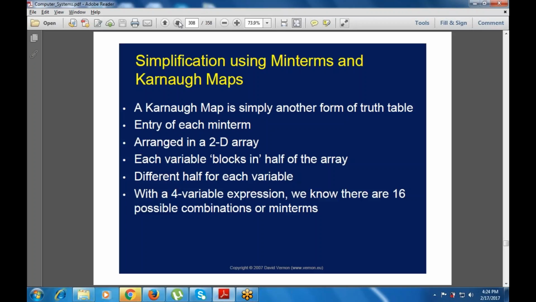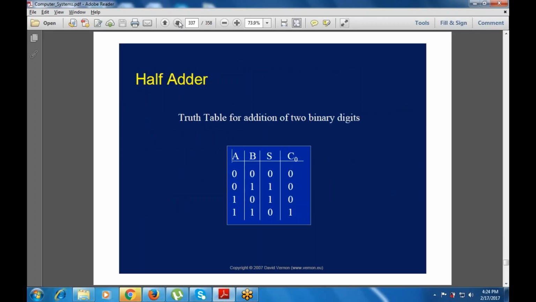With the four variable expression, we know there are 16 possible outcomes for the min terms, that start with M0 and end with M15.